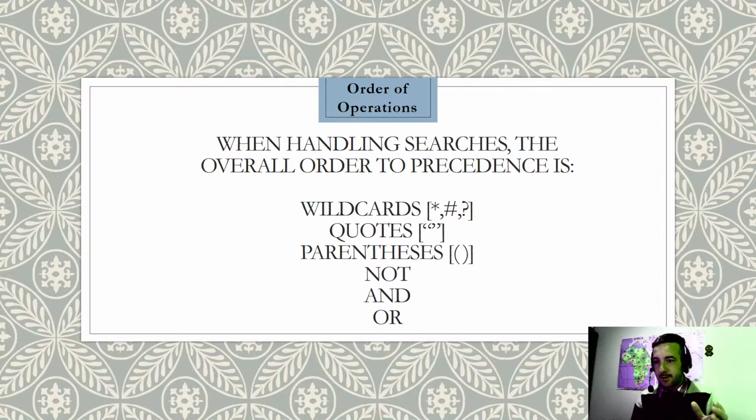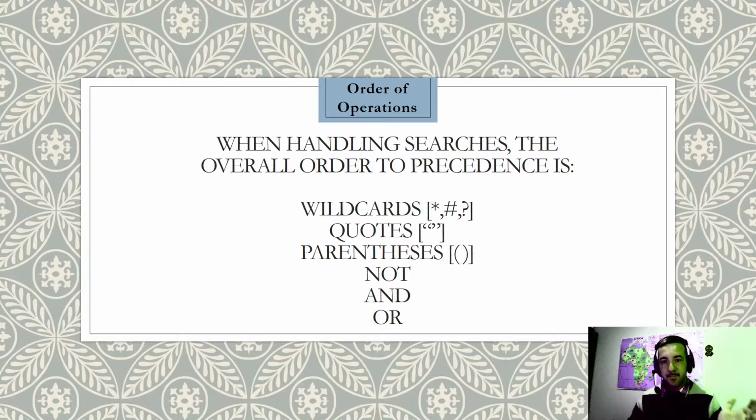It would pull in all the middle names, and also if I had two middle names, it would pull that in as well, even though it's within quotes, because the order of operations dictates that you do wildcards first, then quotes, then they would put parentheses together, and then go through our basic Boolean logic and Boolean operators. All right, so we're going to get around that because we're going to use parentheses more or less extensively for most of our searching.